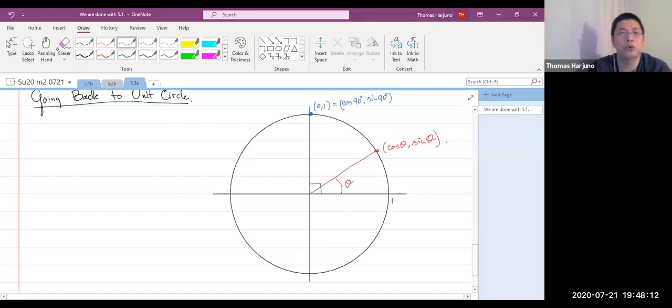So we have new special angles. Sine 90 degrees is 1. Cosine 90 degrees is 0. In fact, we can go further. Tangent 90 degrees is y over x, which is undefined.